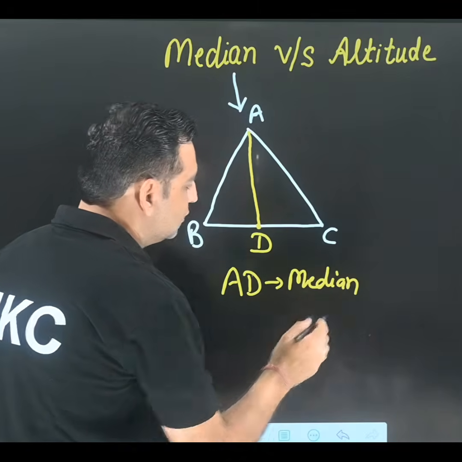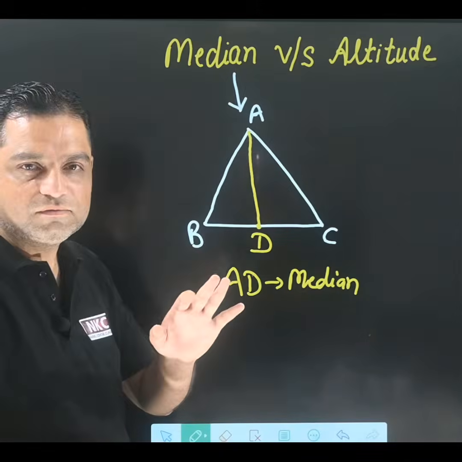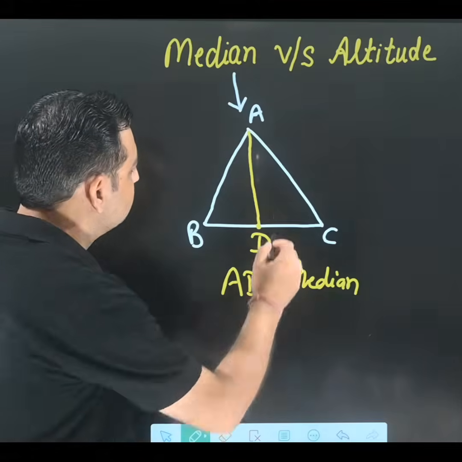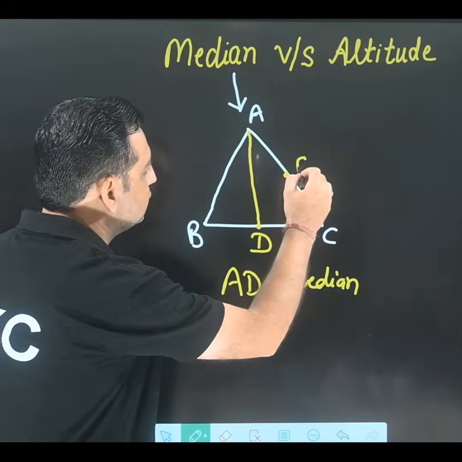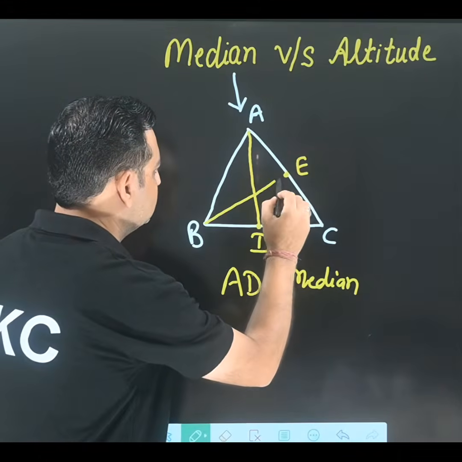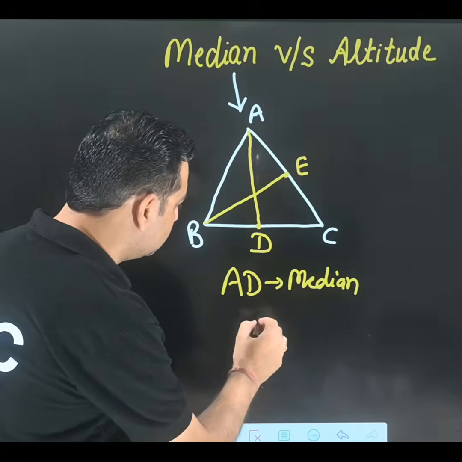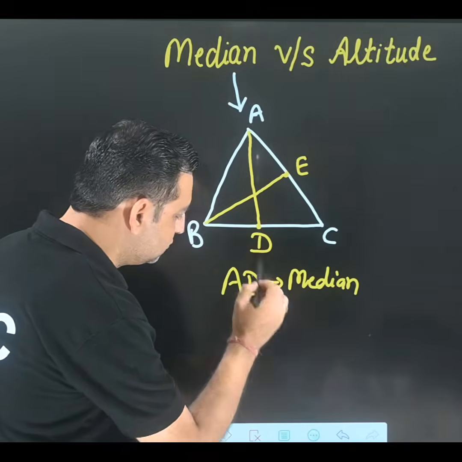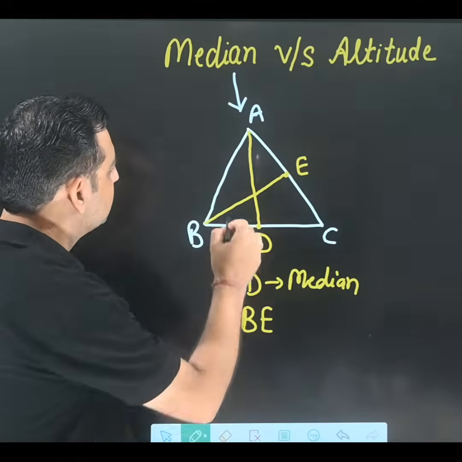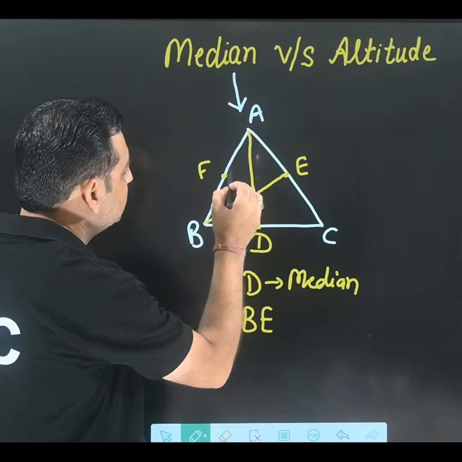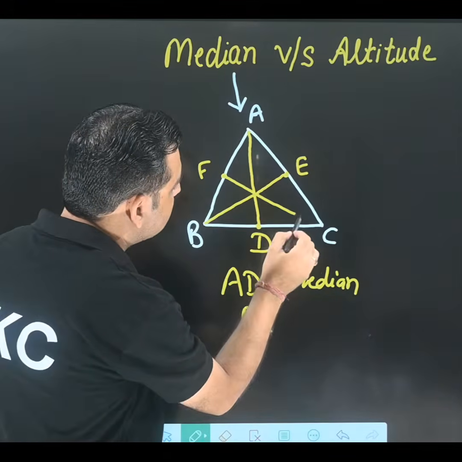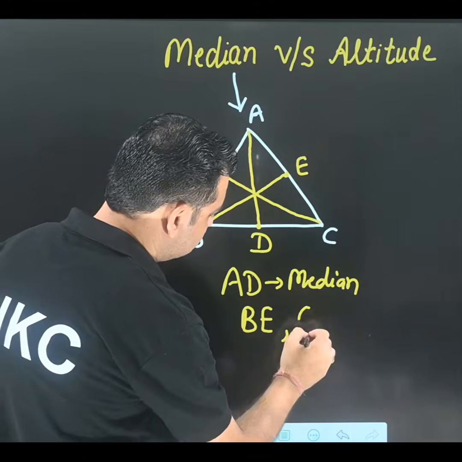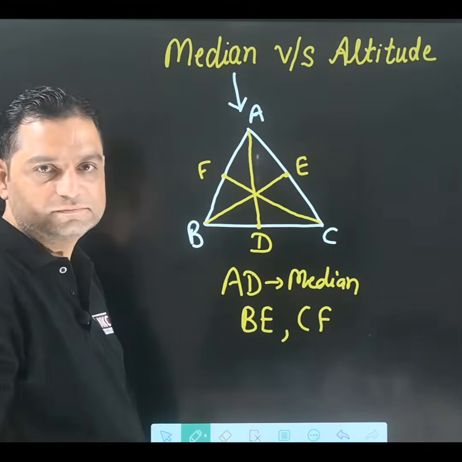Okay, there can be three medians we can draw in one triangle. For example, you take midpoint E, join BE, that means BE is also a median. And if you take F as a midpoint, then this CF is also a median.